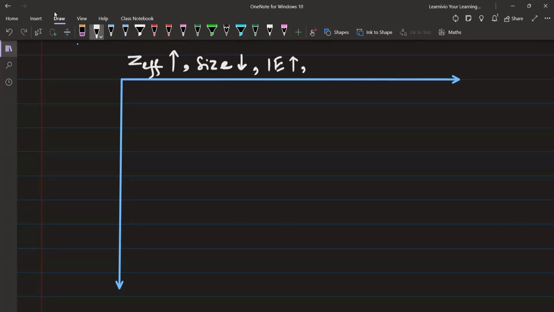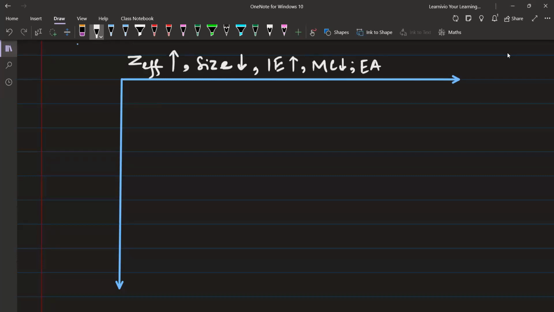Very good. If the ionization enthalpy is up, then metallic character is down. Metallic character is going to be down. After ionization enthalpy, we learned about electron gain enthalpy or electron affinity.